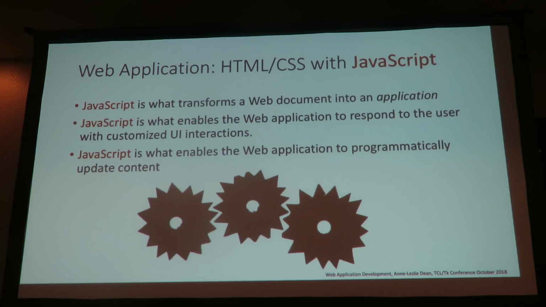And if I just want to change a couple of words in this web document, and I make a request to the web server, and I send back all the words again, that's more time consuming than if I could just say, give me the 2 new words that I want, and I'm just going to replace those 2 new words and not create a whole new document to do that. I just want to do a little bit of a change. So that's what I mean by making programmatic changes within the browser without making a complete new request to render the document.